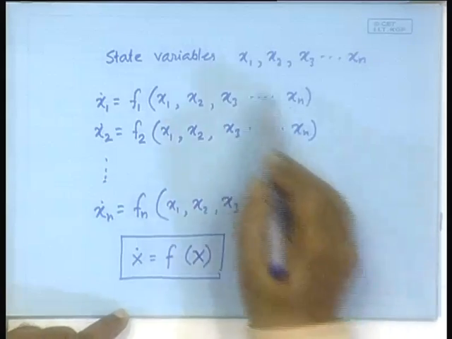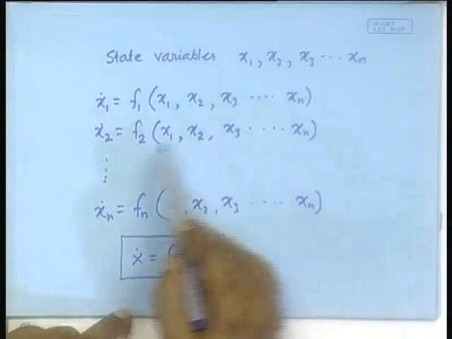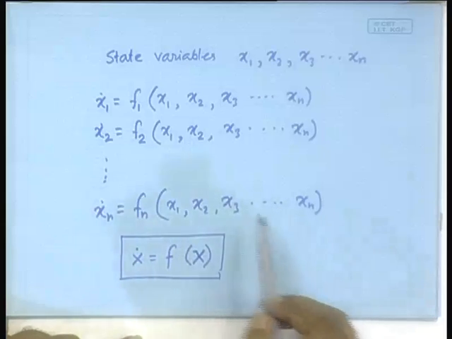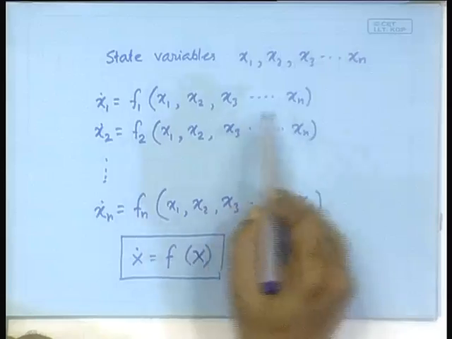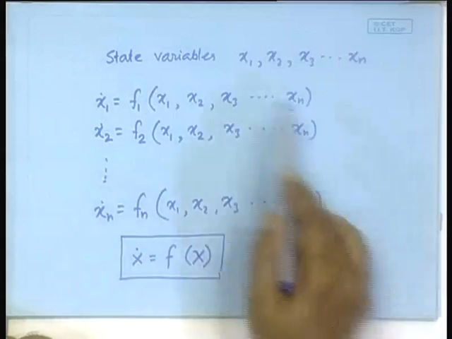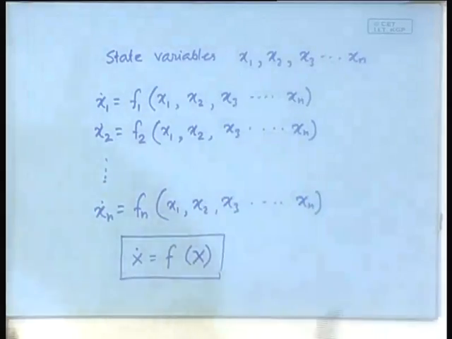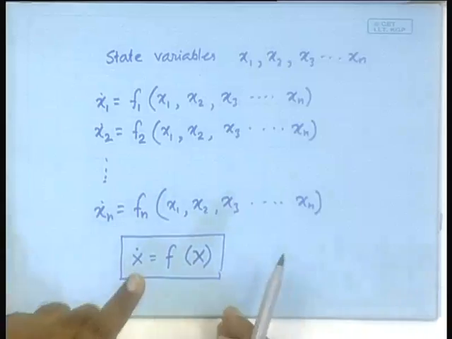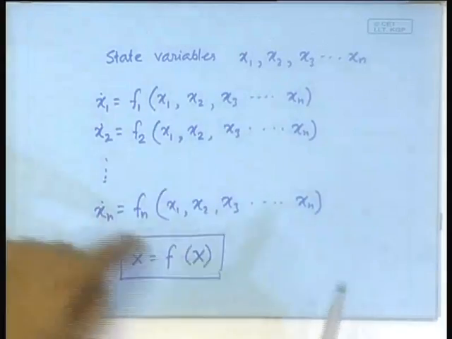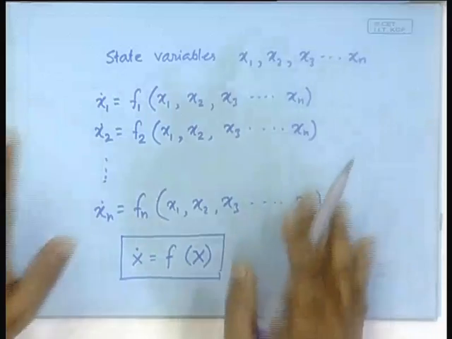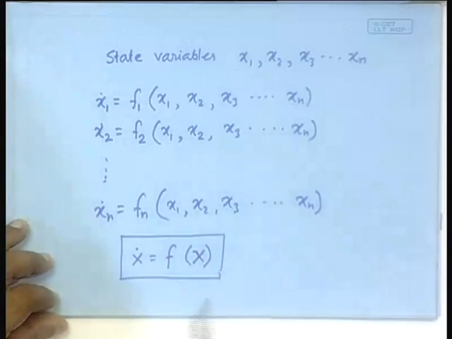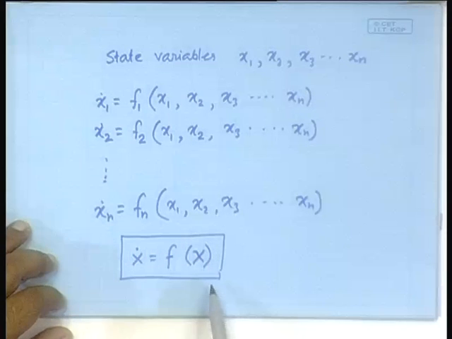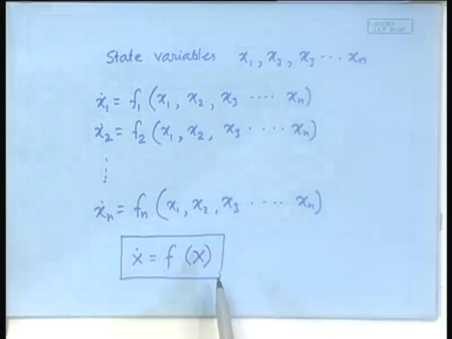Now, if the right hand side is linear, that means it is a linear combination of x 1, x 2, x 3 to x n and all that, in that case the right hand side is expressible in a nice matrix form. Remember, whenever you obtain that kind of an equation with the right hand side in a linear form, you should always express it in the matrix form in the answers. When that is true, the solution of this equation would be obtainable easily in an analytical manner.